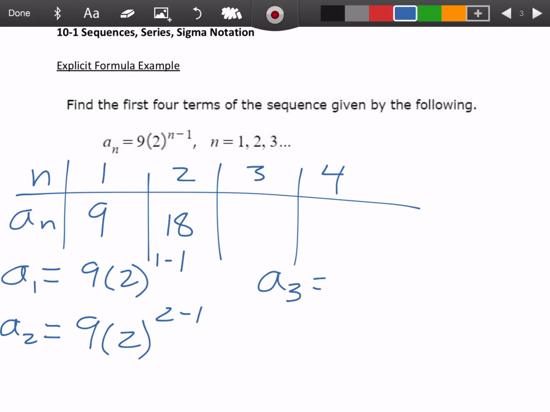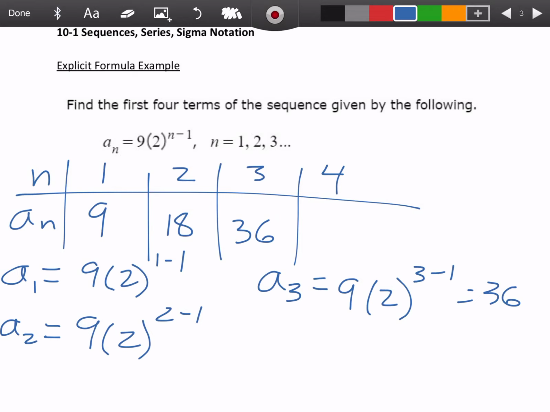Now, it's always important to make sure that you do at least a third, if not a fourth term, in order to get this sequence down. Because I think there are a lot of people here that would want to put 27 under the 3, because they think they're adding 9 each time. But once you write it out, 2 to the 3 minus 1, well, 3 minus 1 would be 2. 2 squared is 4. 4 times 9, that would be 36.